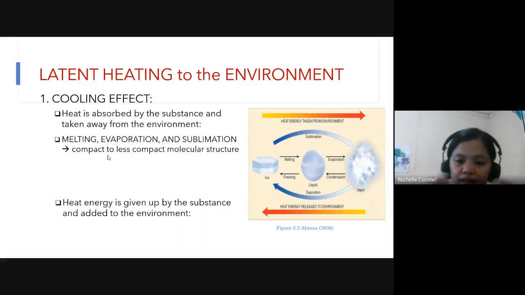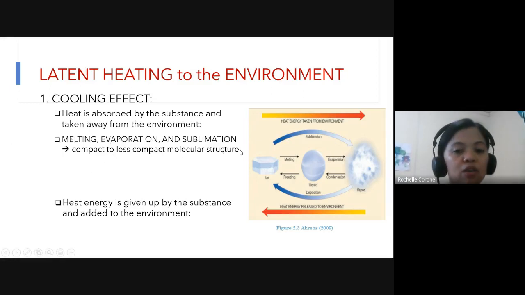From ice to liquid. Ice almost doesn't move, or really doesn't move, and then it will melt. So it will move, it's looser. It needs a large kinetic energy to move out from the solid phase. So from a compact to a less compact molecular structure, it needs energy. So it will take away or absorb heat from the environment. So it has a cooling effect.